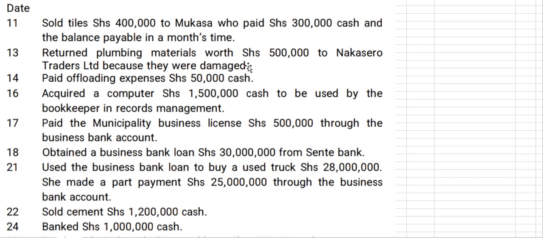So this transaction, we don't enter it in the cash book. It's not there. In the cash book, we don't record the goods that have been returned. We are just looking at the movements of cash either in or out of the business.